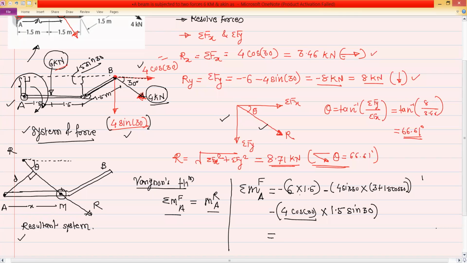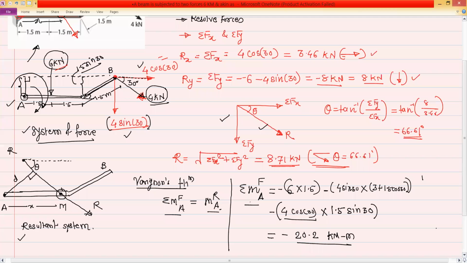So this total value is minus 20.2 kilonewton meter.